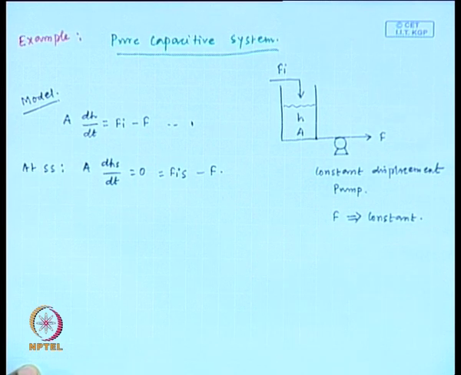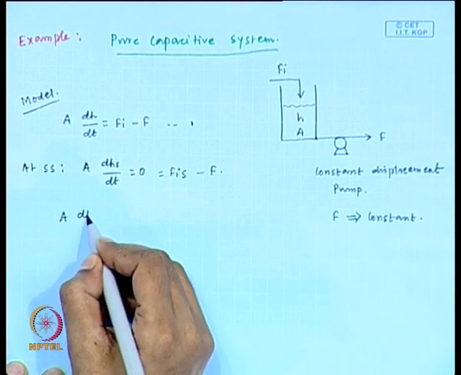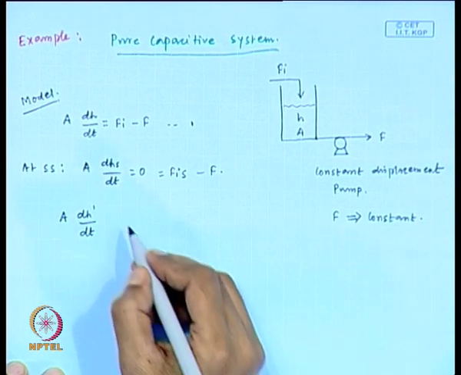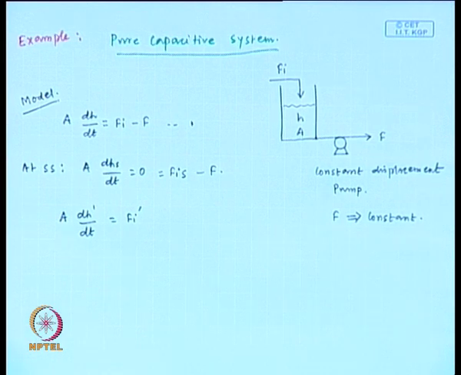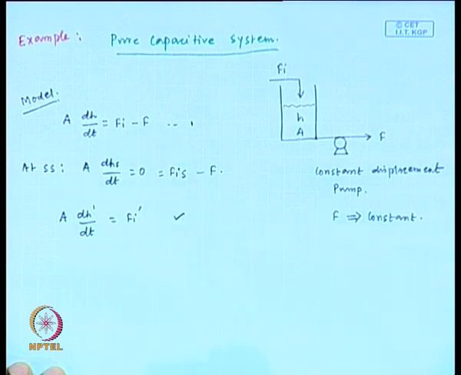Now, subtracting this steady state model from the actual process model, we get the equation in terms of deviation variables. Subtracting the steady state model from the actual process model, we get this modeling equation in terms of deviation variables.